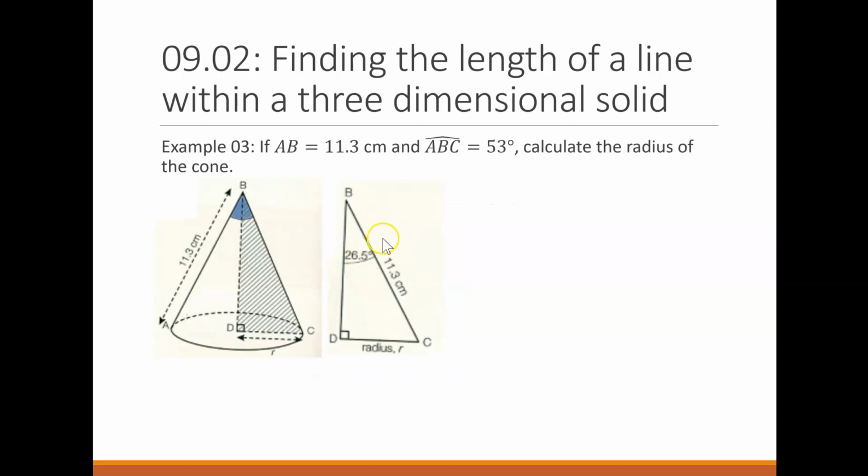Everybody's cool? So what are we going to use to do this? We have an angle measure and a side length, and we're looking for another side length inside a right triangle. SOHCAHTOA. Which one do I specifically want? Opposite over hypotenuse, sine.